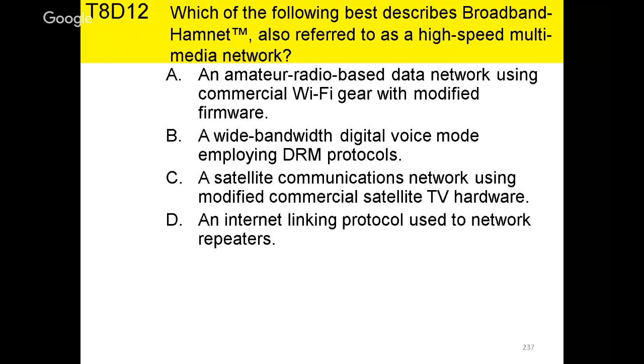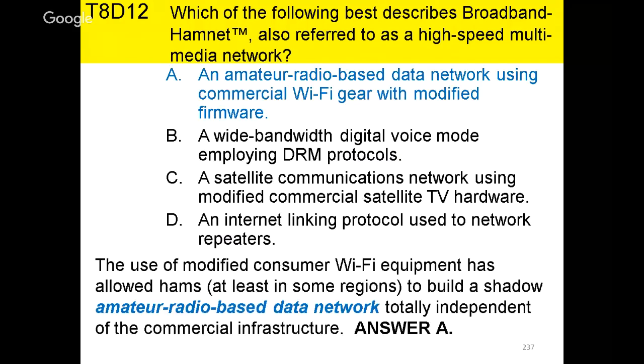Which of the following best describes broadband Hamnet, also referred to as a high-speed multimedia network? This is always fun, because a lot of people are into this Wi-Fi and mesh network thing. It's an amateur radio-based data network using commercial Wi-Fi gear with modified firmware.